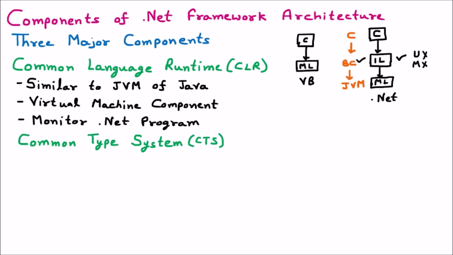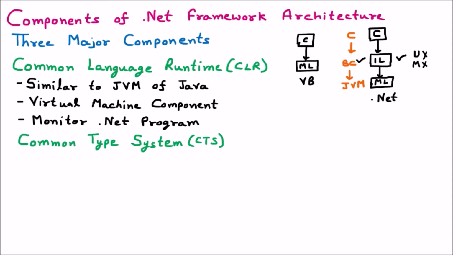Common type means if I am taking any of the programming languages in .NET, let's say VB.NET, C#.NET, there it supports the same type, and because of that same type, the languages are interoperable. Interoperable means, let's say if I am writing code in VB, that code I can easily convert to C#.NET, or I can use the C# code in J#.NET.